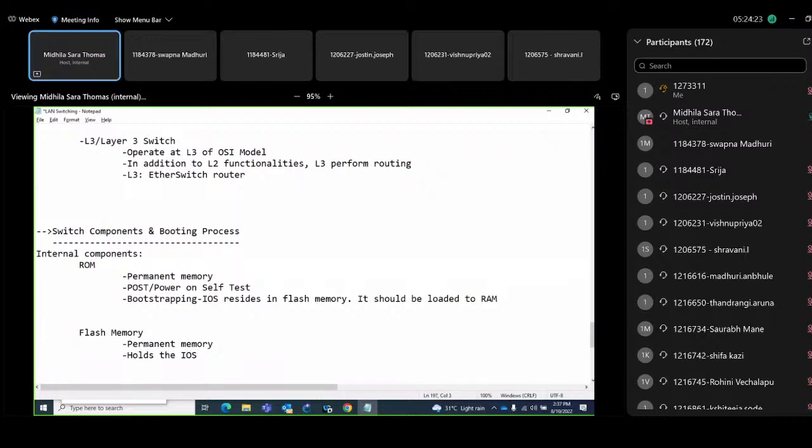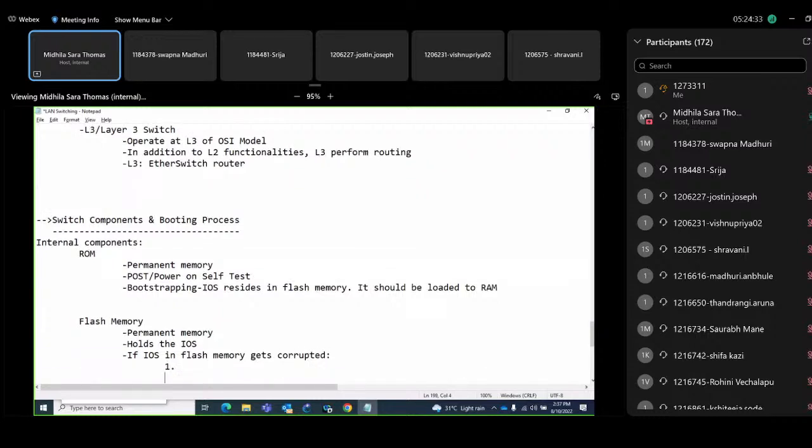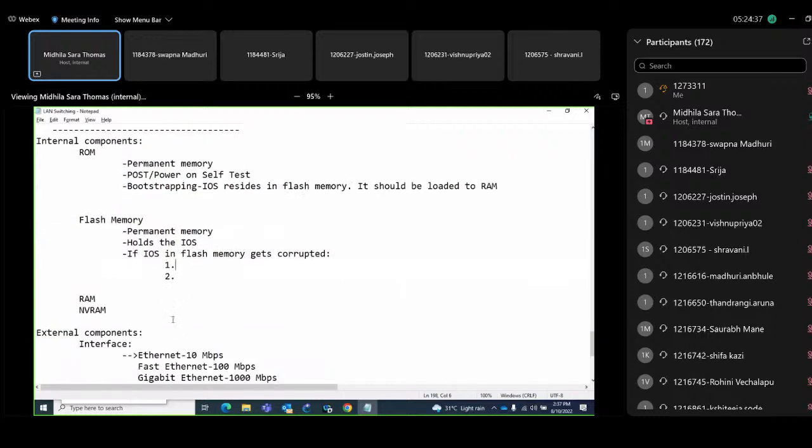Now, what if the IOS in flash memory gets corrupted? My question: don't you think there should be a backup? There can be chances that your operating system gets corrupted, right?